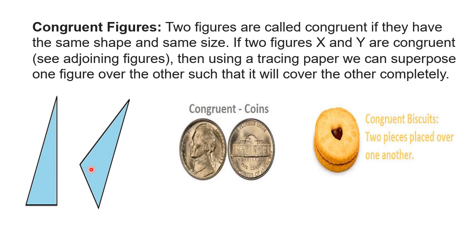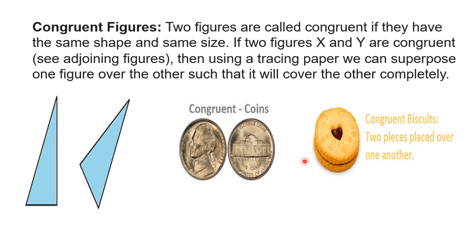And the two triangles. So when we have two figures and want to prove they are congruent, we trace the two figures on a paper and try to superpose one over the other, and when they cover each other completely, we know that they are congruent figures.